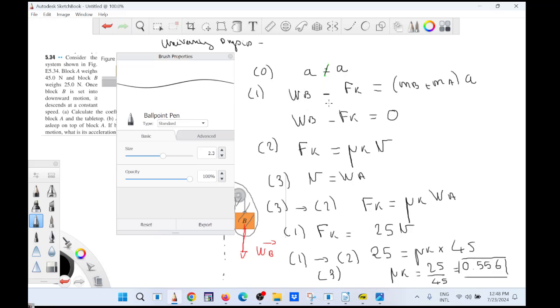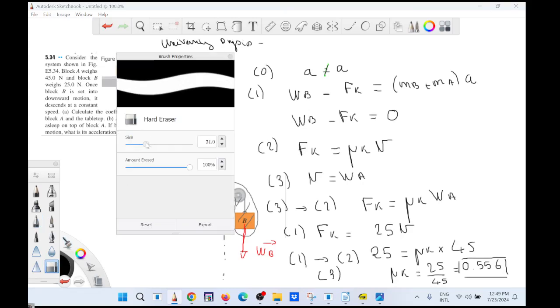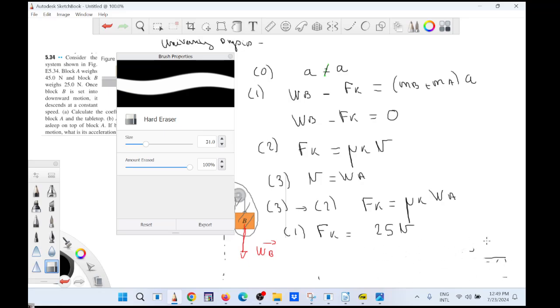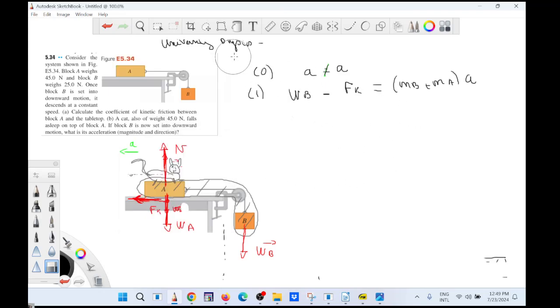So the weight here, let's see if I can erase everything. So that equation here is not 0.